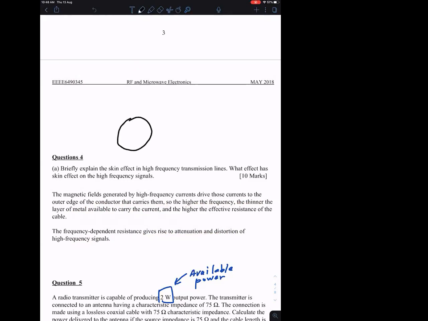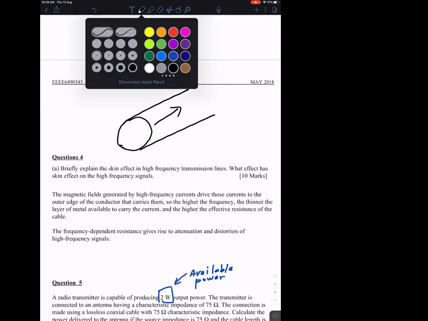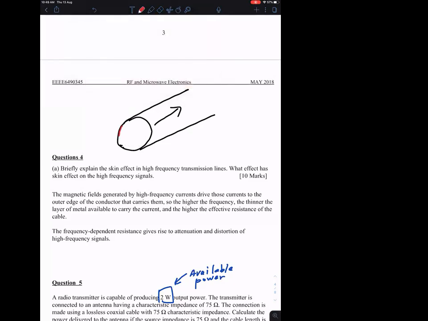This is a cable. At low frequency, all the charges are uniformly distributed throughout the cross section when the current flows. At high frequency, the higher the frequency, it moves to the surface.